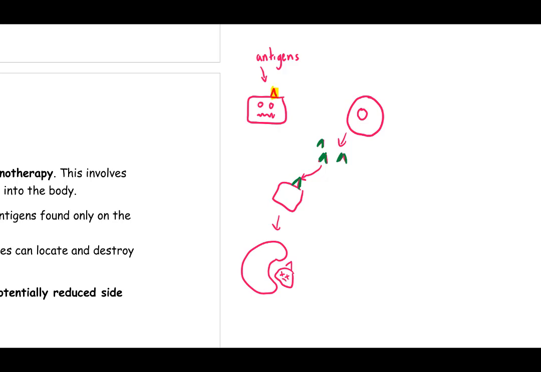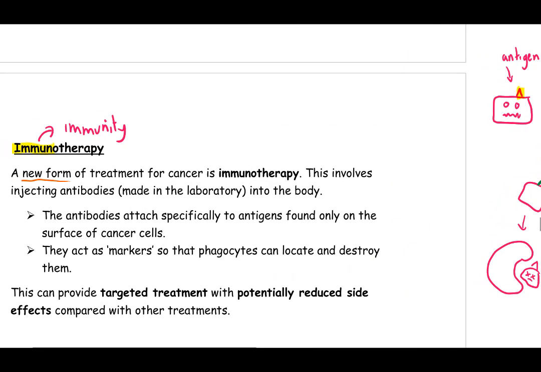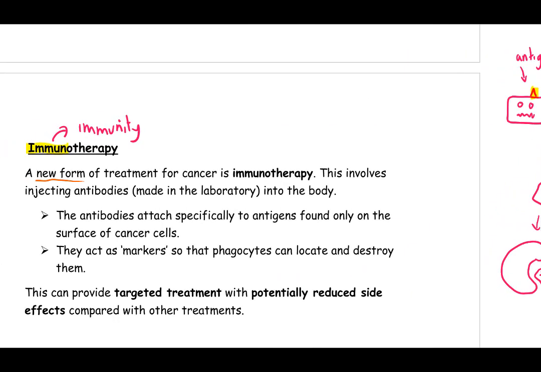Now that was a basic principle. But what they've actually discovered is that cancer cells will also have antigens on their surface. So what they can do is they can make antibodies in a lab and inject them into the body of somebody who has cancer. The antibodies will attach specifically to the antigens found only on the surface of the cancer cells.